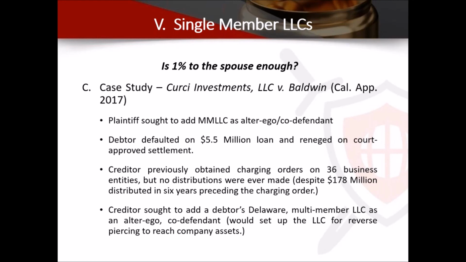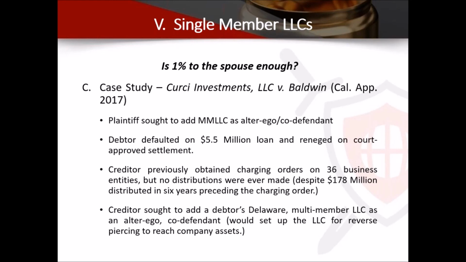And so Curci creates this massive structure, takes a debt out for $5 million, which was like nothing for this guy. And apparently there was some kind of personal dispute, doesn't pay the debt. The creditor, I'm sorry, Curci was a creditor, Baldwin was a debtor. It doesn't really matter.